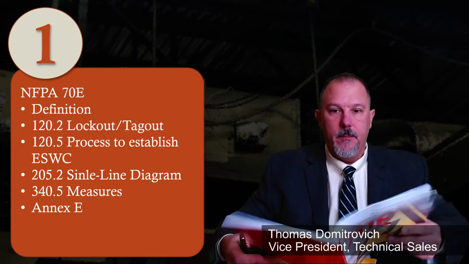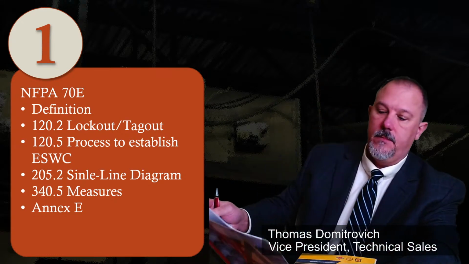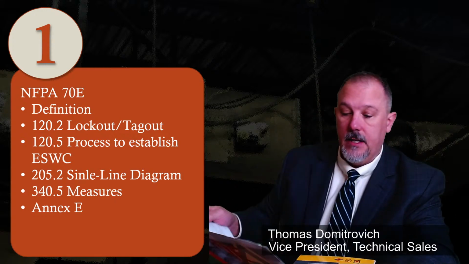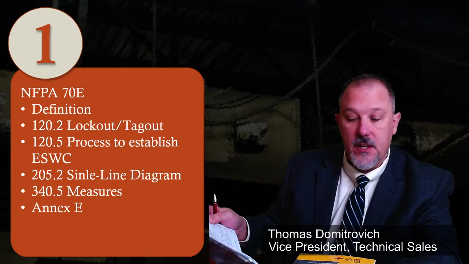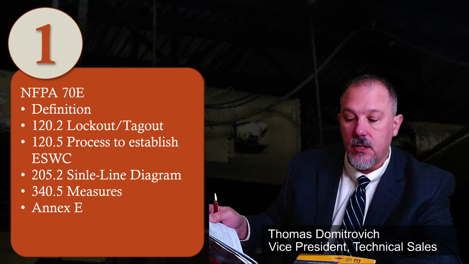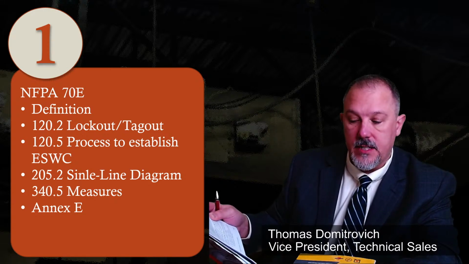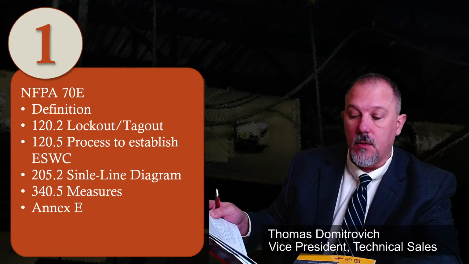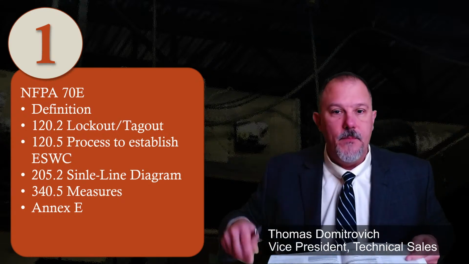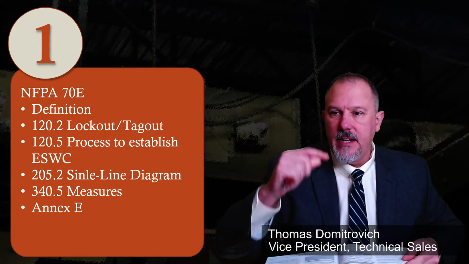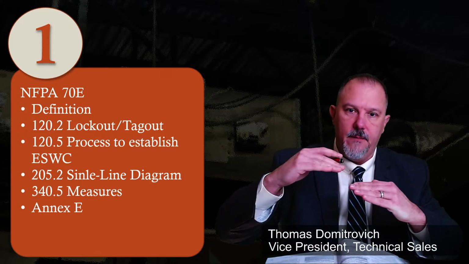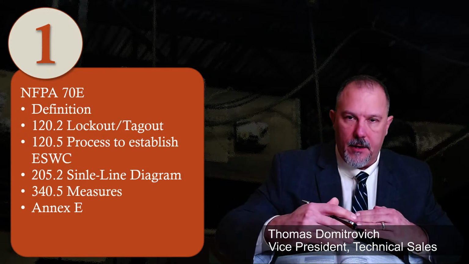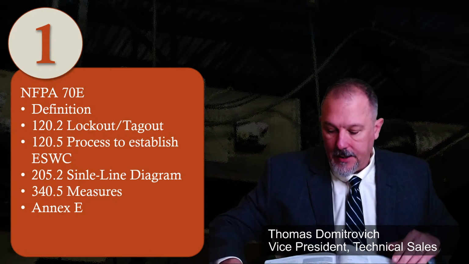Single line diagram: a diagram that shows by means of single lines and graphic symbols the course of an electric circuit or system of circuits and the component devices or parts used in the circuit or system. It doesn't tell you everything that needs to be in a single line diagram, and I know everybody includes various levels of details on their single line diagrams.